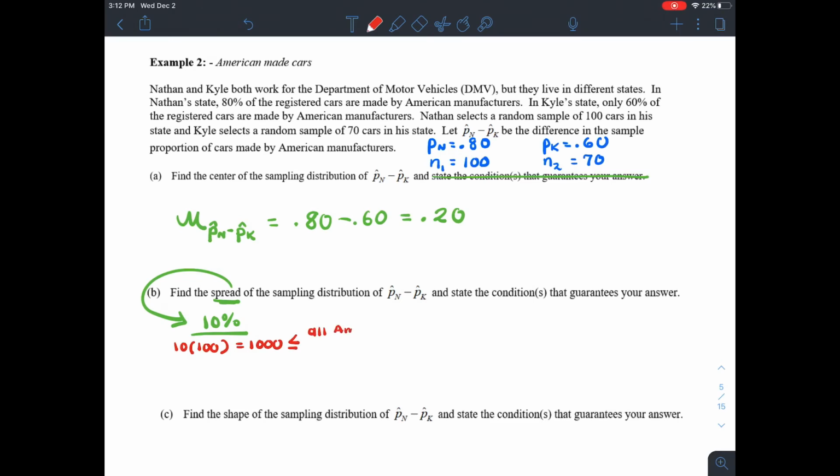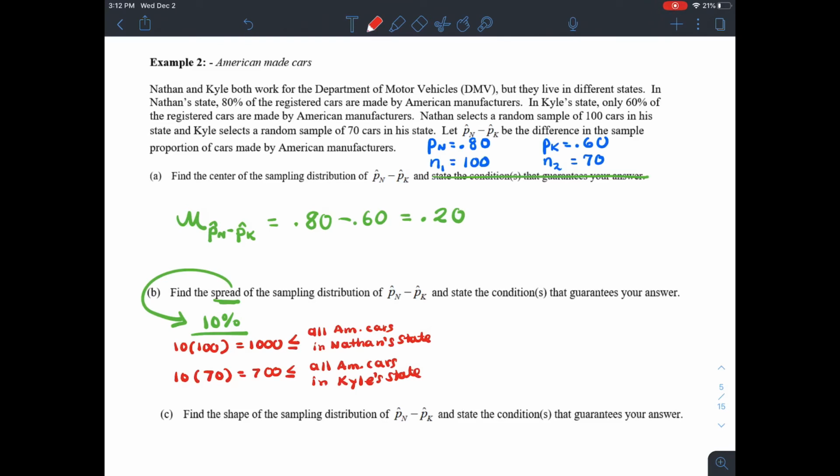That needs to be less than or equal to all the American-made cars in Nathan's state. And then 10 times the 70 sample size would be less than or equal to all the American cars in Kyle's state.